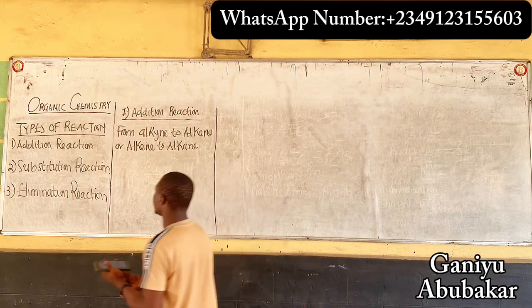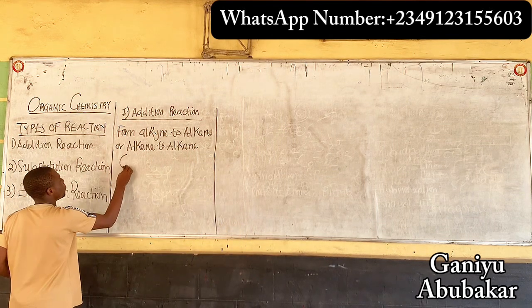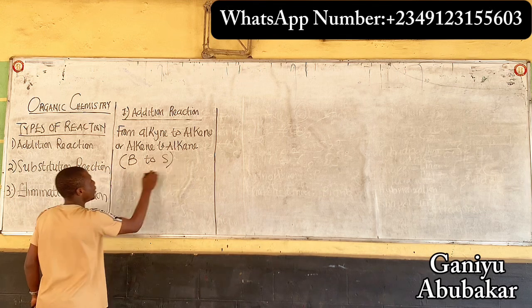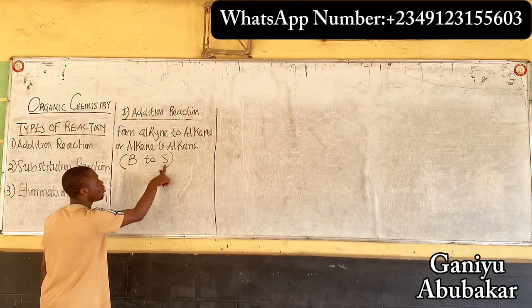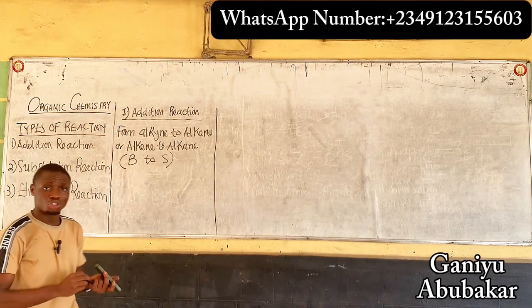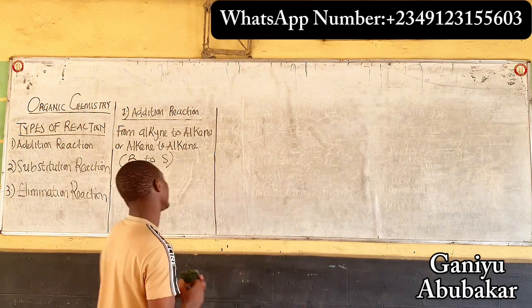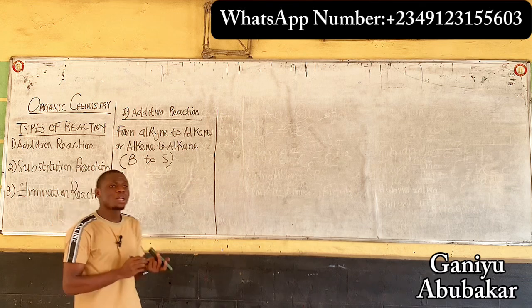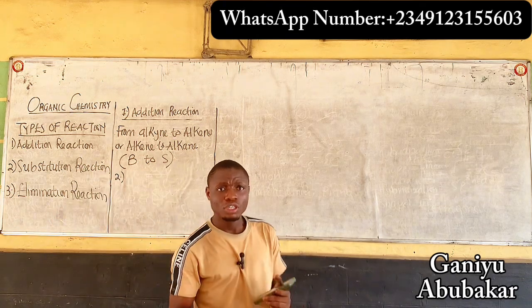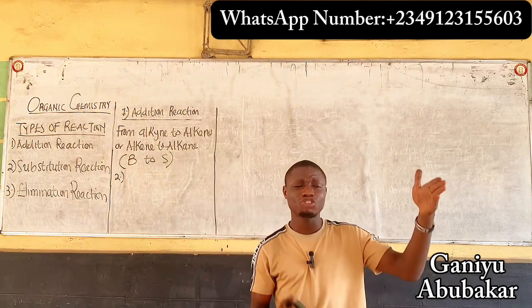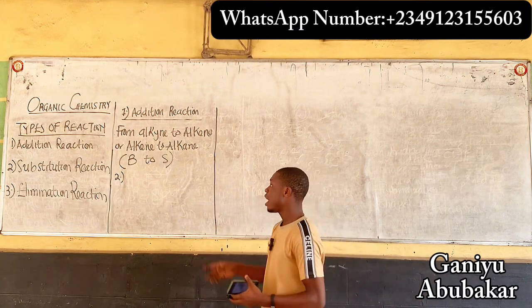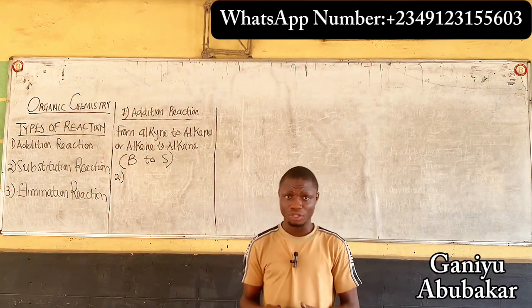So the key concept to note is that it's moving from a bigger to a smaller hydrocarbon structure. Number 2, please. To spot out addition reaction, observe: is it moving from bigger to smaller? If yes, definitely it's called an addition reaction.